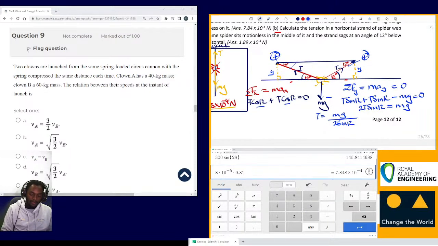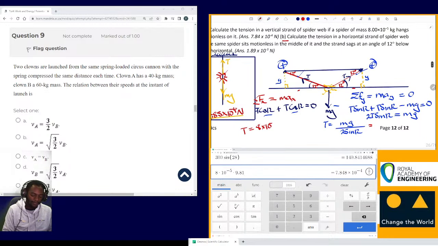And let's substitute our mass. So our T is equal to the mass we're told is 8 times 10 to the negative 5, times 9.81, over 2 sine of 12.